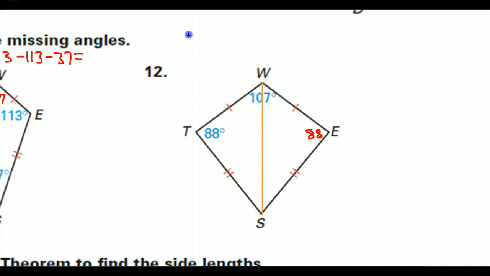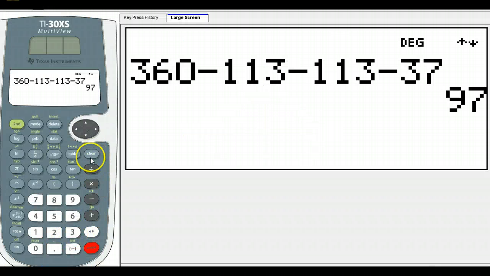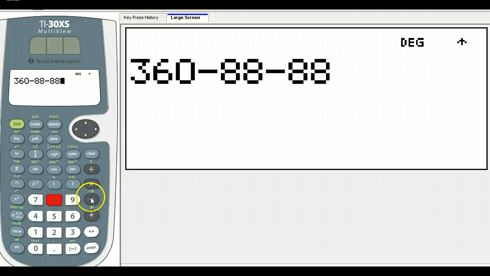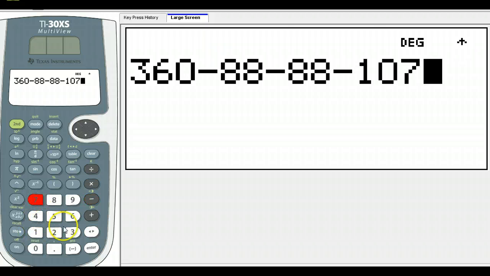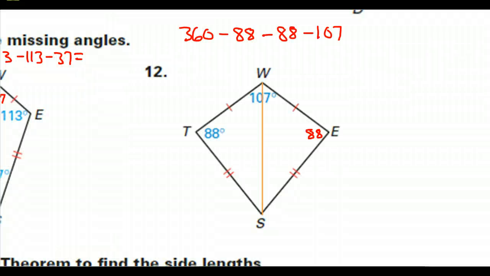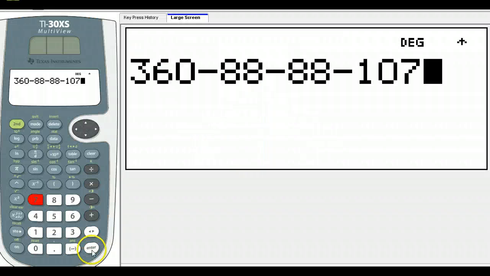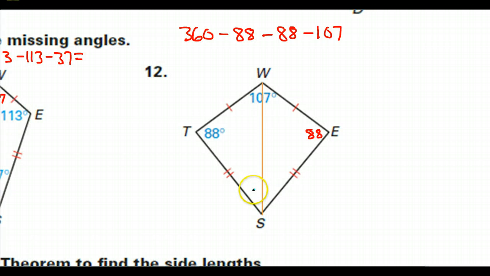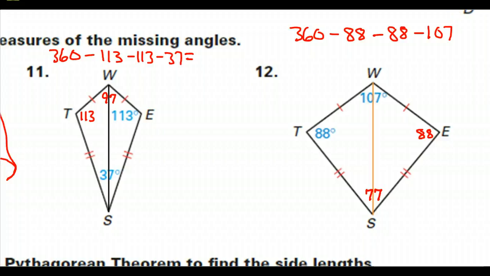So we're back to this again. 360 minus 88 minus 88 minus 107. That leaves 77 degrees. That means angle S there is 77 degrees. That is how you do that.